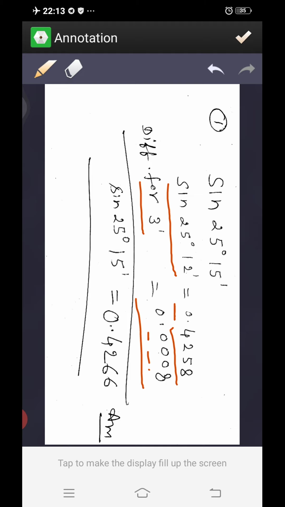Now we will add. In sine we will add. So on adding we get 0.4266. That is the value of sine 25 degree 15 minutes.